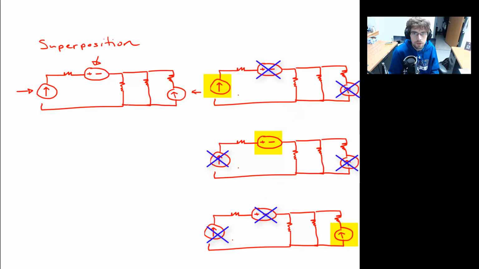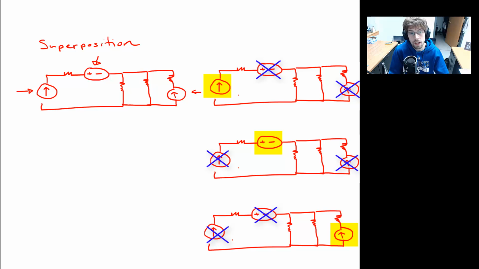Now, you're probably already thinking it. Yes, this isn't necessarily the most effective method if you want the complete function of the entire circuit, right? Here, for the example that I've given you, actually, you have to solve this circuit 3 times because there's 3 independent sources. So from that standpoint, it's not particularly effective.